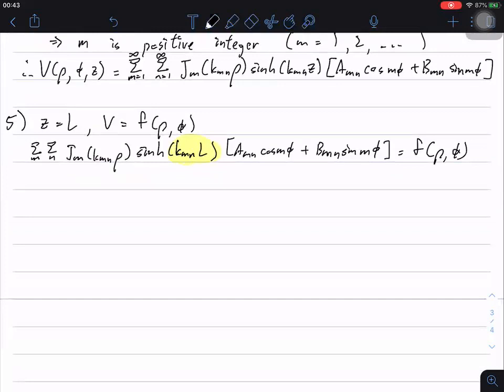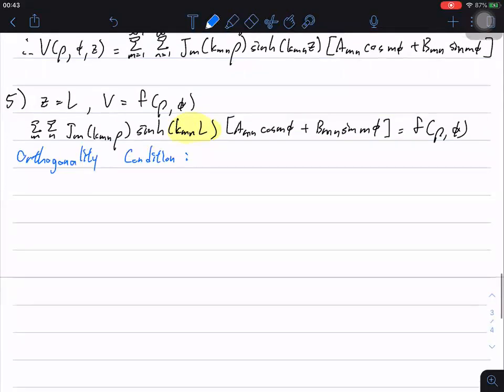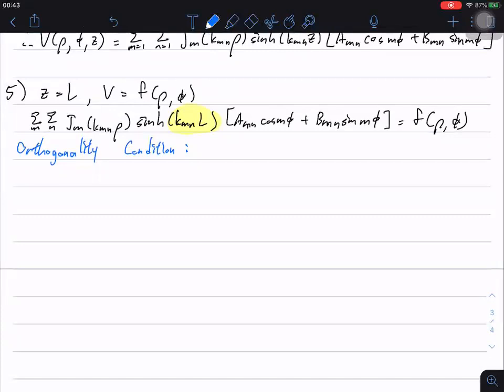Okay, so in order to find the coefficients A and B, we have to use the orthogonality condition of the Bessel function and also of sine and cosine. I'm sure all of you have learned Fourier series, so you know sine and cosine have some orthogonality condition.